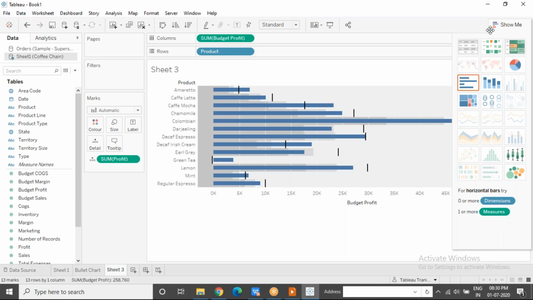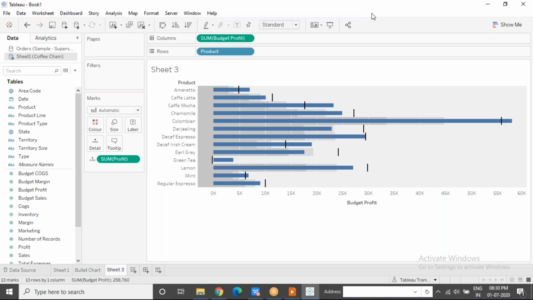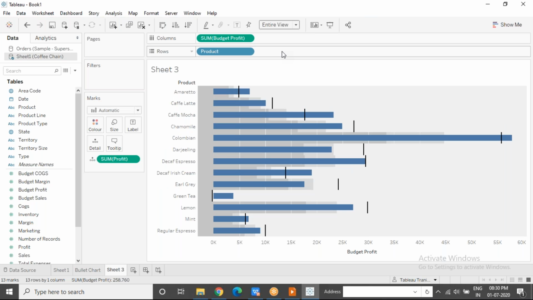Do you think this chart is fine, or should we make any changes here? Observe the graph which I created through the Show Me panel and tell me if this is fine or whether we need to make any modifications here.